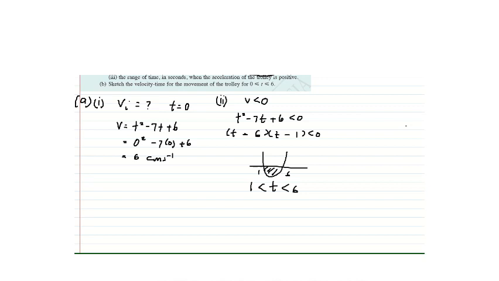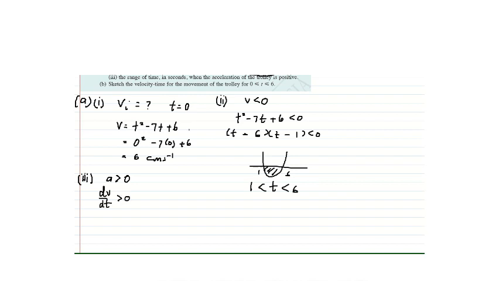Alright, and then question number 3. The range of time in seconds when the acceleration of the trolley is positive. When the acceleration is positive, it is acceleration more than 0, and acceleration is dv/dt. dv/dt more than 0. So what is dv/dt?